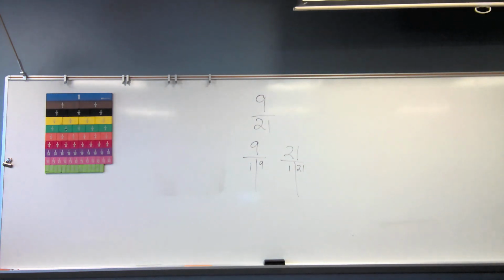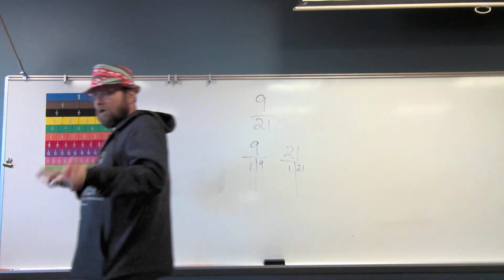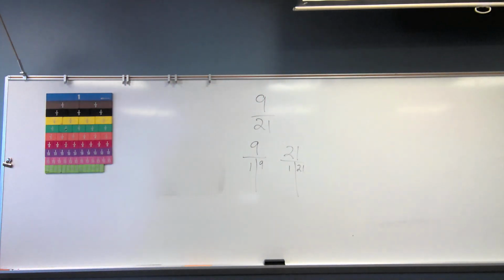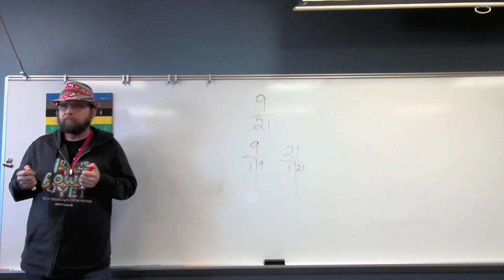Let's go to 9 and see. I know it's not a prime number because I've got all prime numbers under 100 memorized. Is there anything else that multiplies together to equal 9?